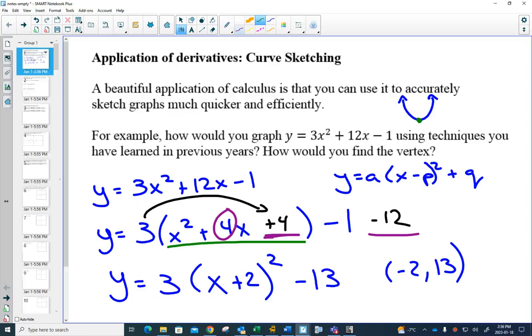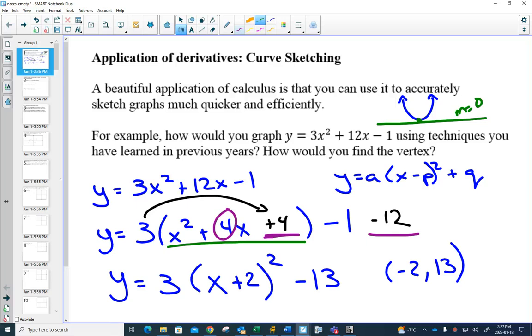How does the derivative help us? Well, the derivative finds the slope of any tangent at any point. And at the vertex, the tangent line is perfectly flat. In other words, the slope of the tangent line will be 0 at a maximum or a minimum because of that. This will be the key application technique for graphing using derivatives.